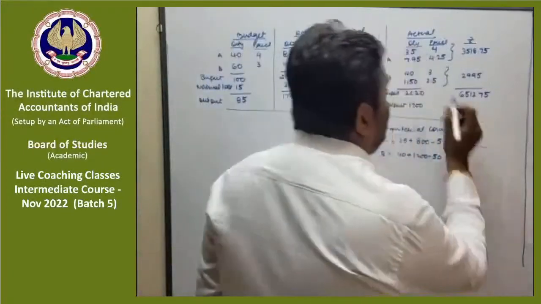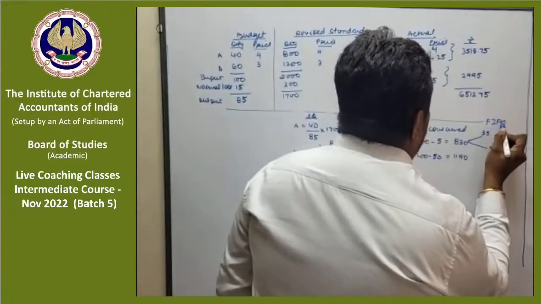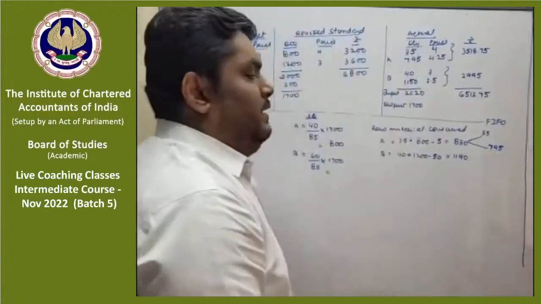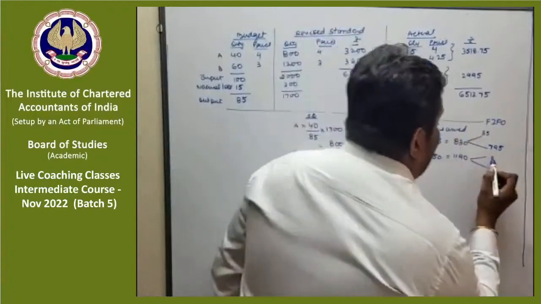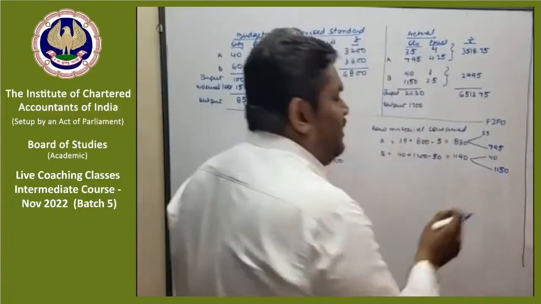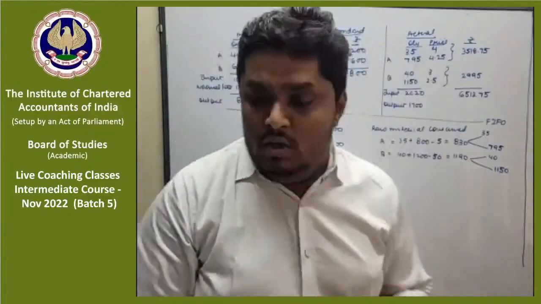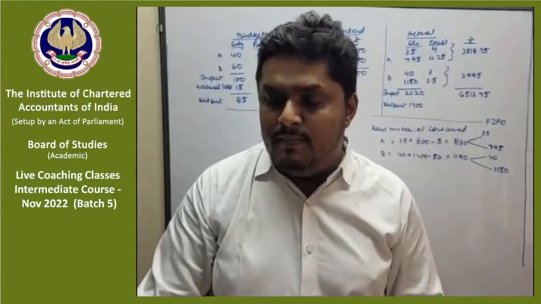Out of 830, 35 will be from the opening stock and 795 will be from the purchases made during the year. Similarly for 1190 also, 40 will be from the opening stock and 1150 will be from the purchases made during the year. So if you guys have any doubts till now, you can ask me.